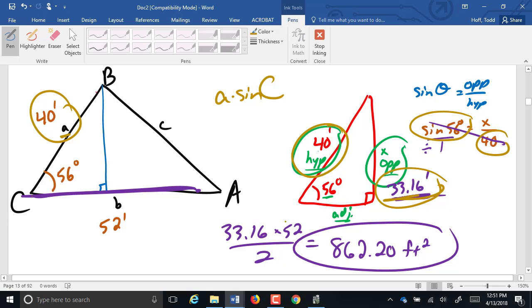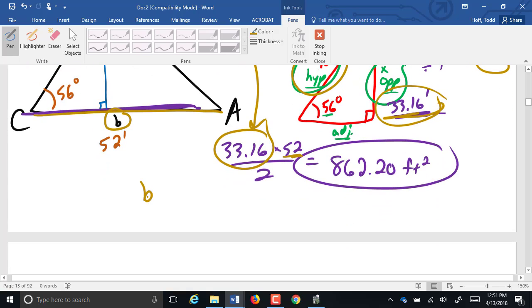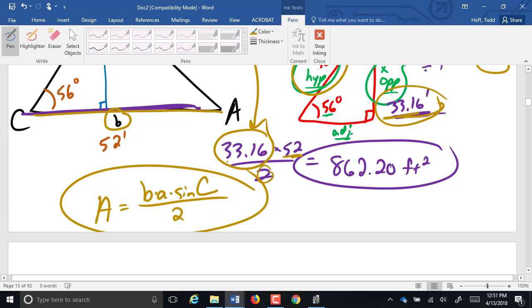Then to find the area, we took that amount, we multiplied it by the 52, which was side B. So that's B times A times the sine of angle C. And what did we do to it? Divided by 2. The area of a triangle, if you have two sides and the included angle, what does that included angle mean?